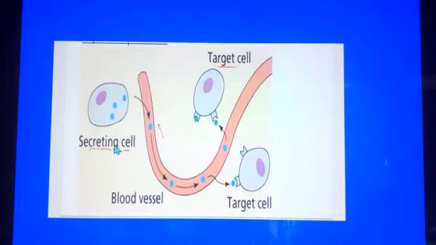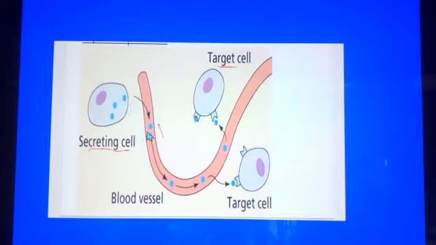So in this diagram, the blue part represents a specific type of hormone, and then on the target end we have the receptor cells or the receptor parts that are able to conform to the type of the hormone that is produced. So the hormone is produced by the secreting cell, and then the hormone is channeled into the bloodstream.